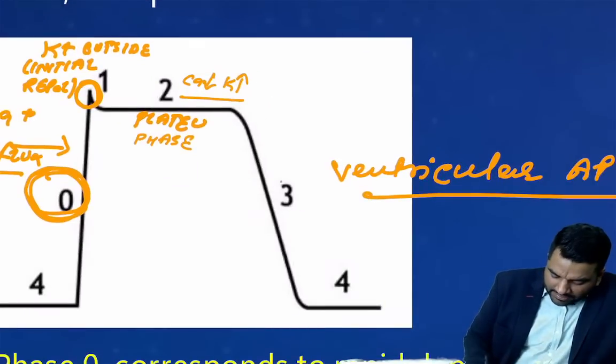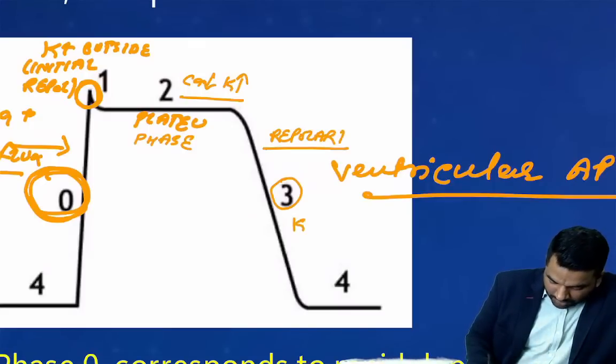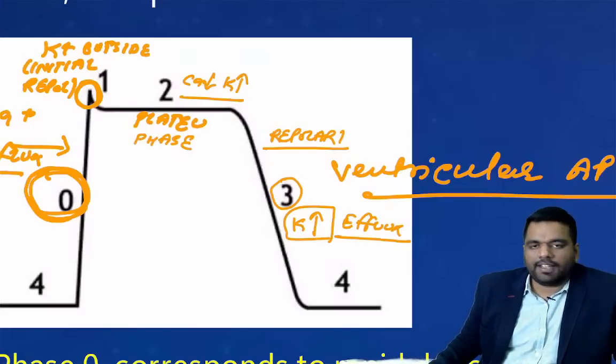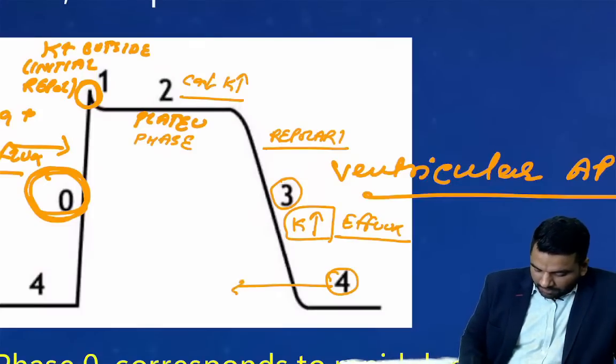After that, phase 3 is the repolarization phase, and in this the potassium starts moving outside of the cell. This leads to more negativity inside of the cell, which leads to the polarized state. So the fourth phase is the polarized state.